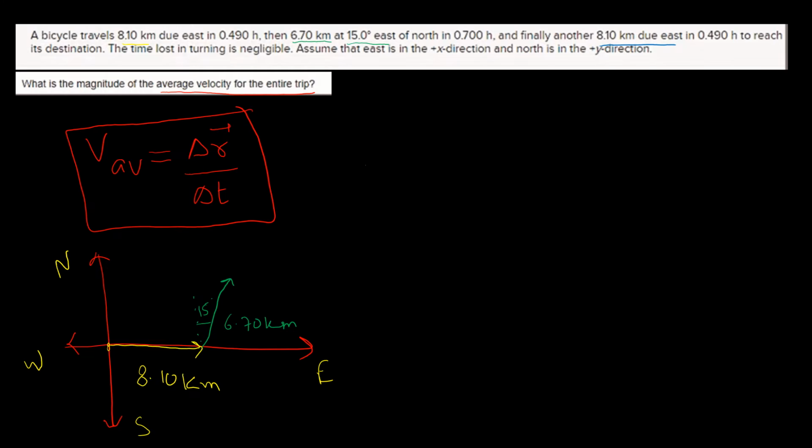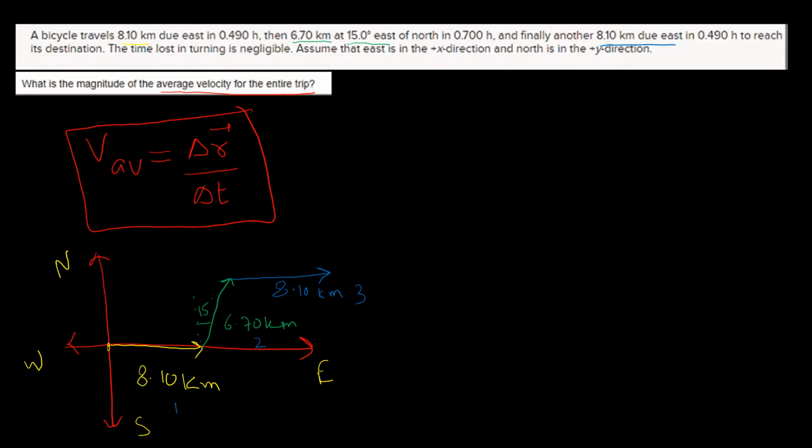So it again goes in this direction 8.10 kilometers. Now to find this total displacement delta r, we need to find the total displacement of all the three motions, this 1, 2 and 3, in terms of delta x and delta y.